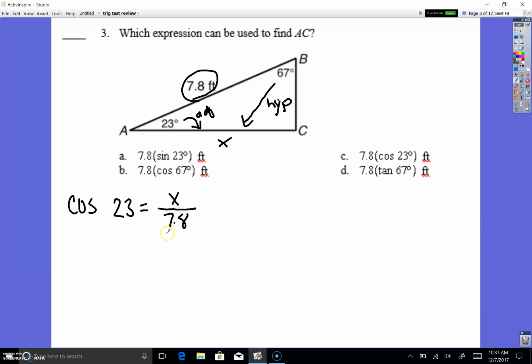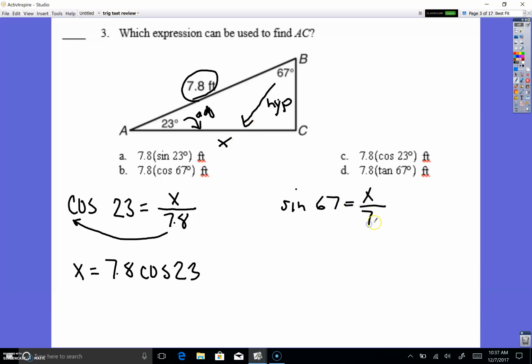Now remember to solve for x, we just moved the 7.8 over there. Okay, I'm going to do the sine also, okay? So sine of 67 is equal, since this is opposite, x over 7.8. Remember, I moved the 7.8 over here. 7.8 sine 67.